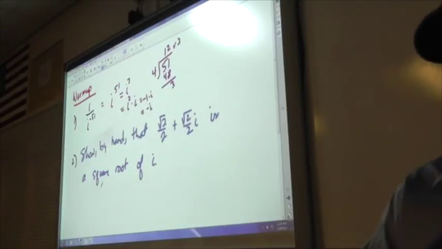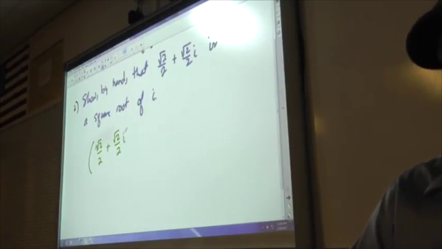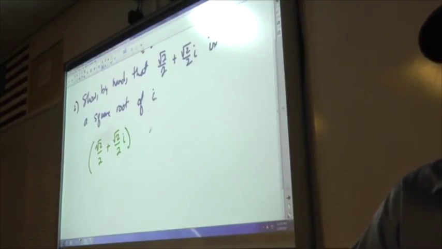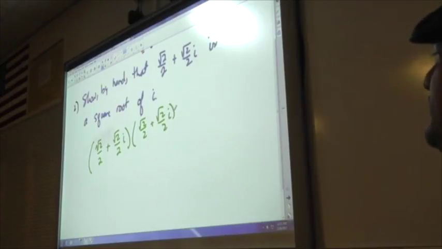Now this next one, let's do this one by hand. We have square root of 2 over 2 plus square root of 2 over 2 i, and we square it. I'll let you guys try that out.